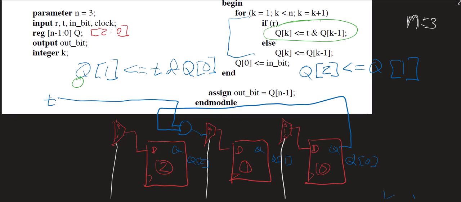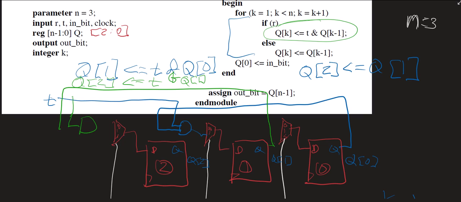So Q2 becomes T and Q1. So here's T, here's my and, here's my Q1, and that goes into the 1.